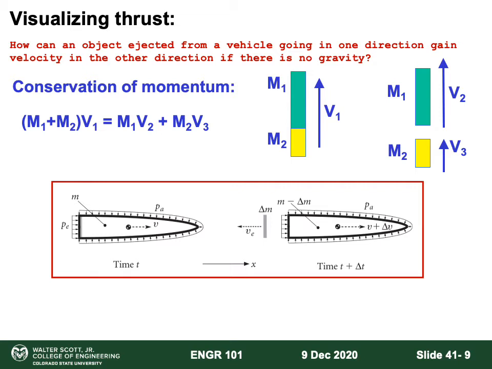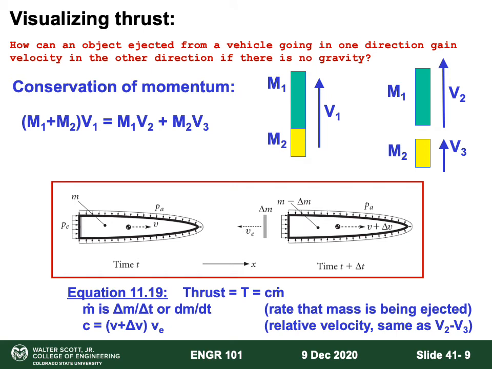And then we have an equation for thrust, defined by the letter T, which is the change of mass over time that is getting ejected, this m dot, multiplied by the difference in velocity between the two items. So the difference between V2 and V3 in the yellow boxes above, and we're going to define that as V plus delta V times a direction, which is VE that you see there.